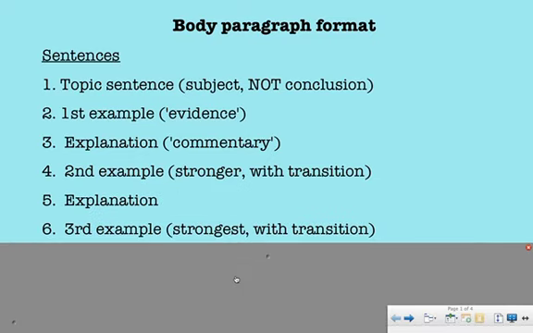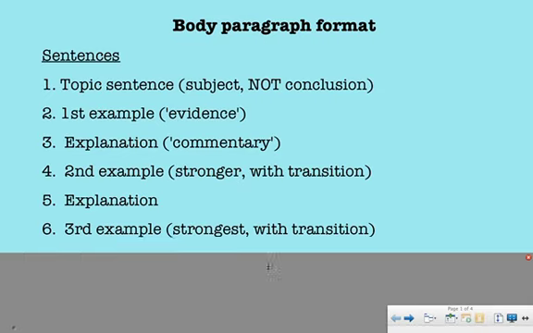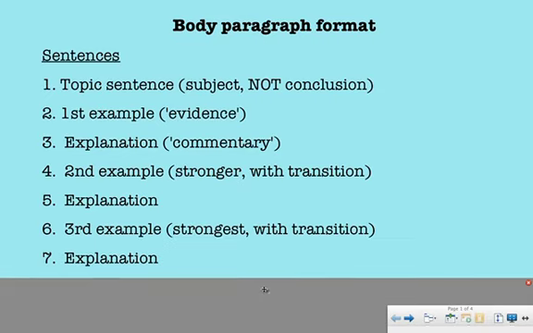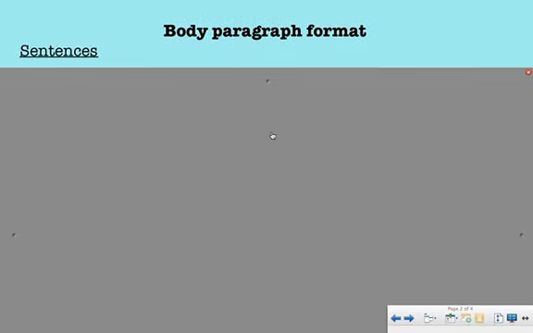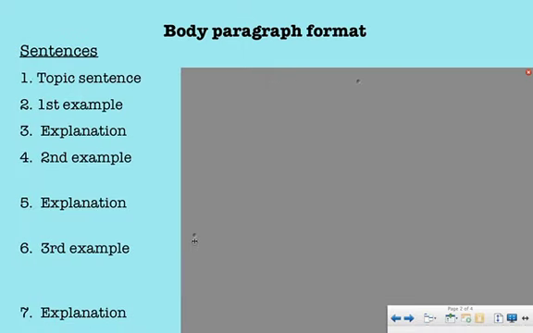And then your third example, which should be your strongest piece of evidence, the one that you think best illustrates the situation, with some sort of a transition from the second to the third. And lastly, you give an explanation in another sentence, and then your conclusion. What is the information, or what are the ideas that we're supposed to derive from the evidence that you've already given us?